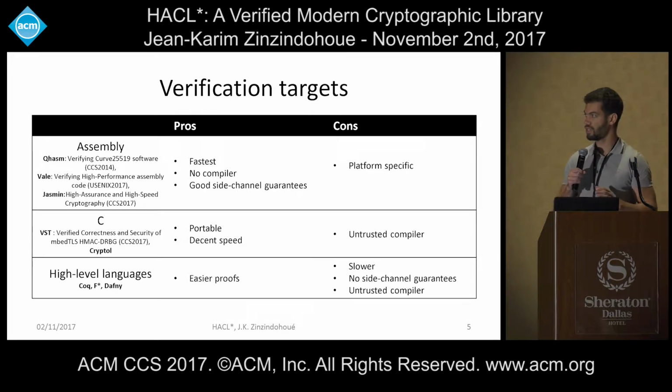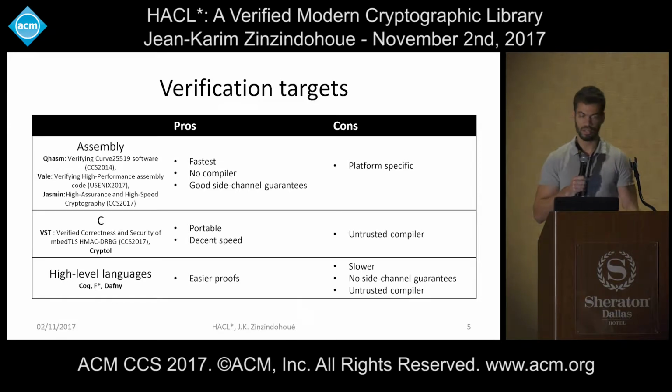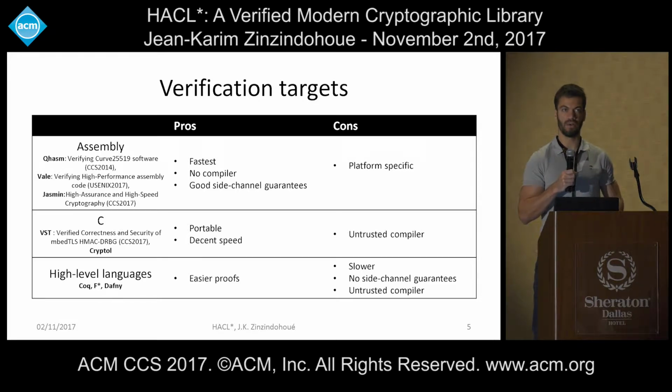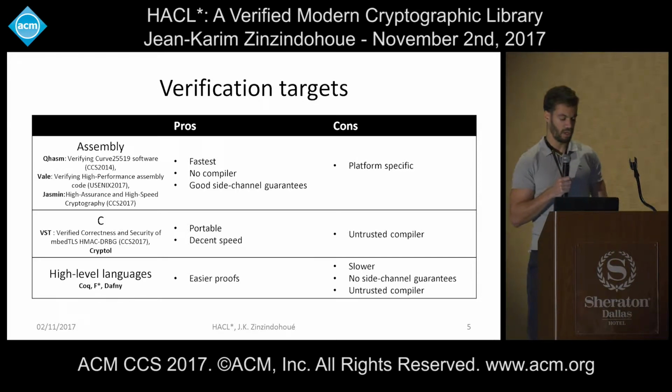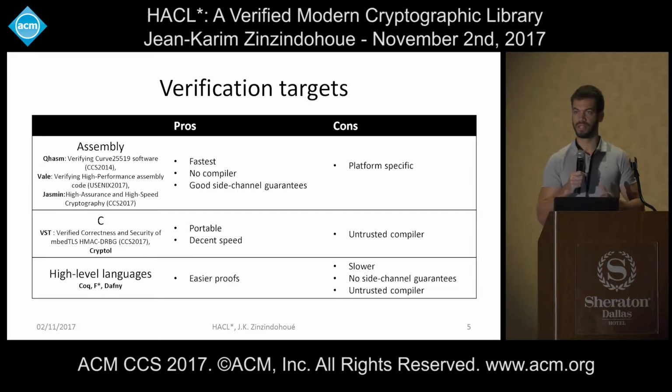Well, you can actually aim at verifying different parts of the software. So some projects aim directly at verifying assembly code. This is the case of Vale, which was presented earlier this year, and also Jasmin, which is the talk that's coming next. And the advantage of assembly is that because it's so low level, you have the most control.